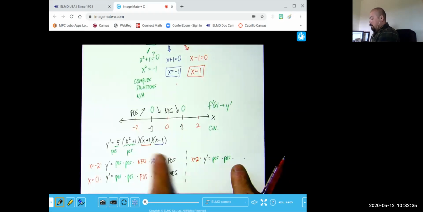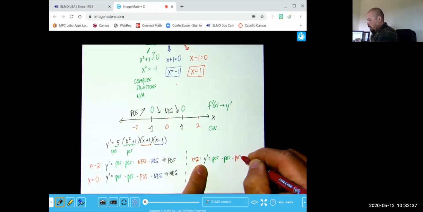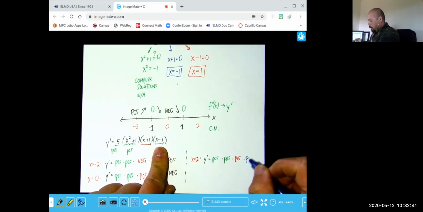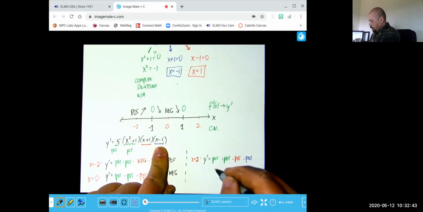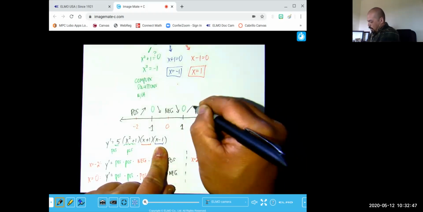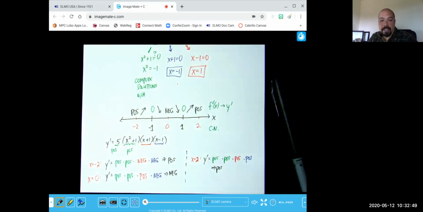So when x is 2, 2 plus 1, positive. Over here, 2 minus 1, still positive. So all that together, all positives here. So we're increasing on that side.